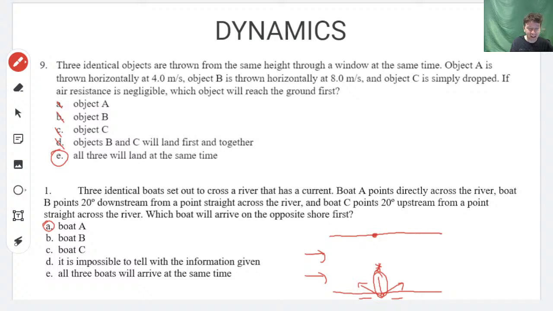Okay. Anyone have any questions with either of those 2? Okay. I hope the chat is working.